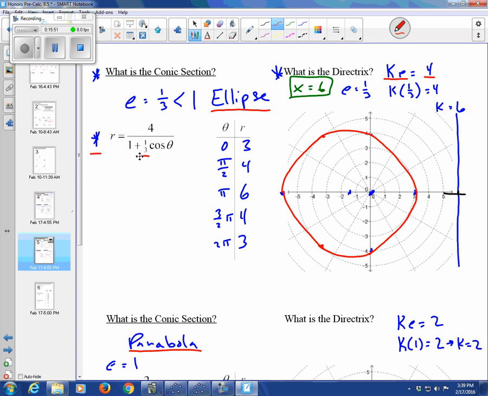So right here we can say k times 1/3 gives us 4, and that's going to give us a k value of 6, and so that's going to give us the directrix as x equals 6. It's my mistake, actually. That shouldn't be 6, that should be 12.